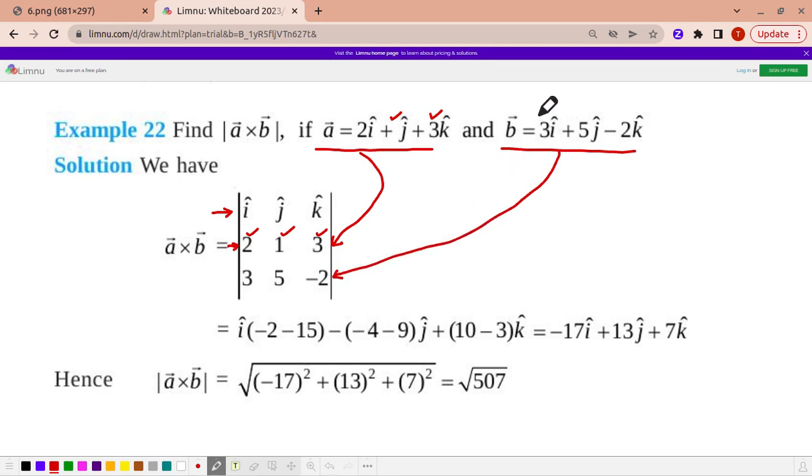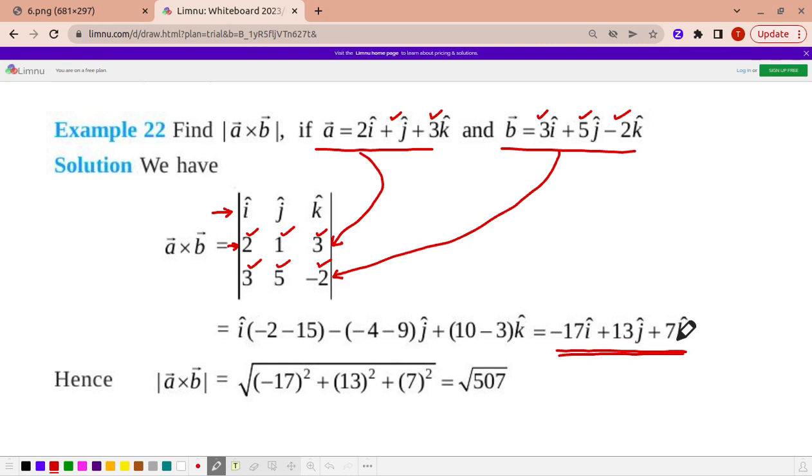Coefficient of i cap is 3, coefficient of j cap is 5, and coefficient of k cap is minus 2, that's why it is written as minus 2. After that, you know how to expand the determinant, and finally we get the component form representation of a cross b.